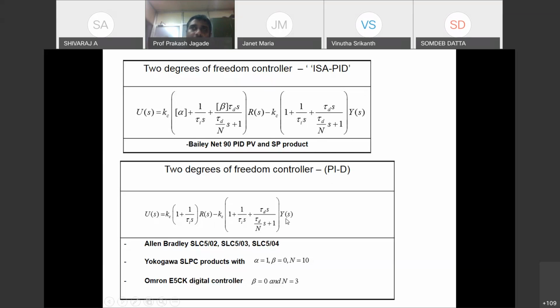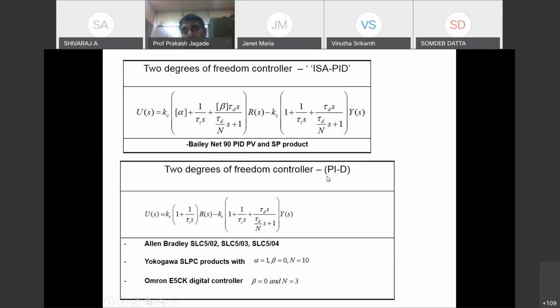And the advantage in using this particular structure over the earlier one, what I would say is the single degrees of freedom PID controller structure, is that you will be able to prevent derivative kick.